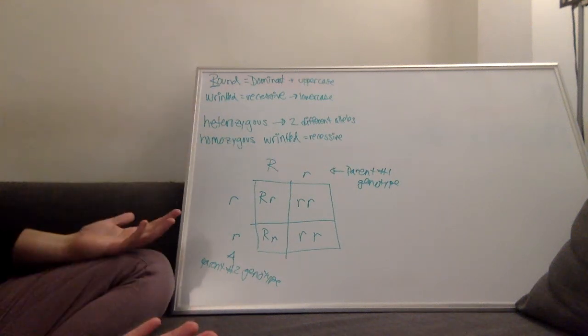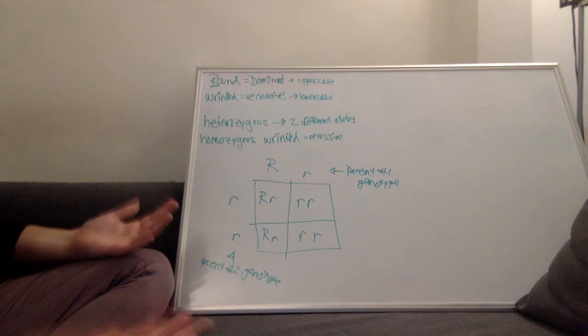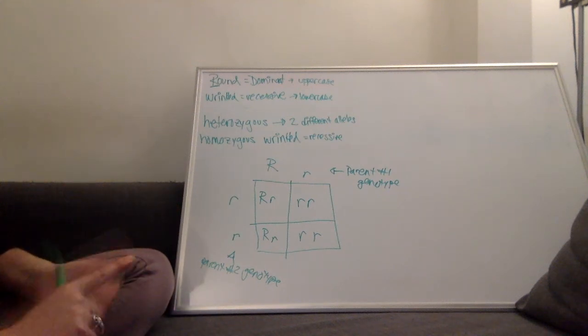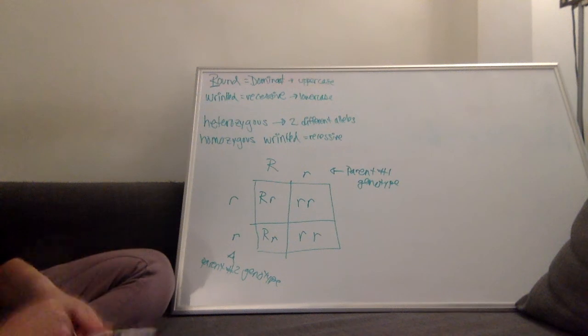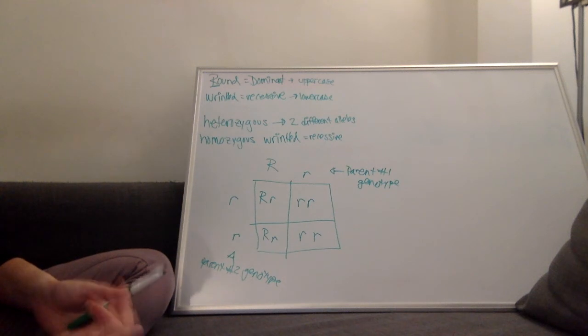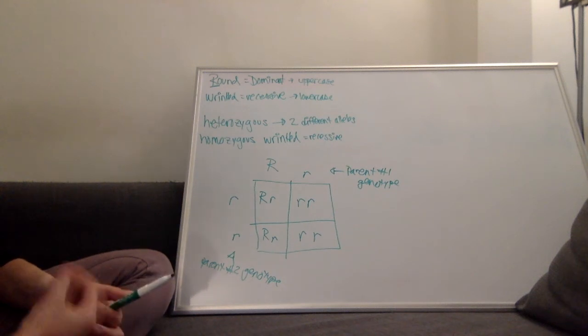All right, now we need to know the percentage of the genotypes and the phenotypes. Someone tell me one genotype that we have here. Hopefully you've whispered it or you figured it out. Pause the video so that you know what a genotype is. What is a genotype?